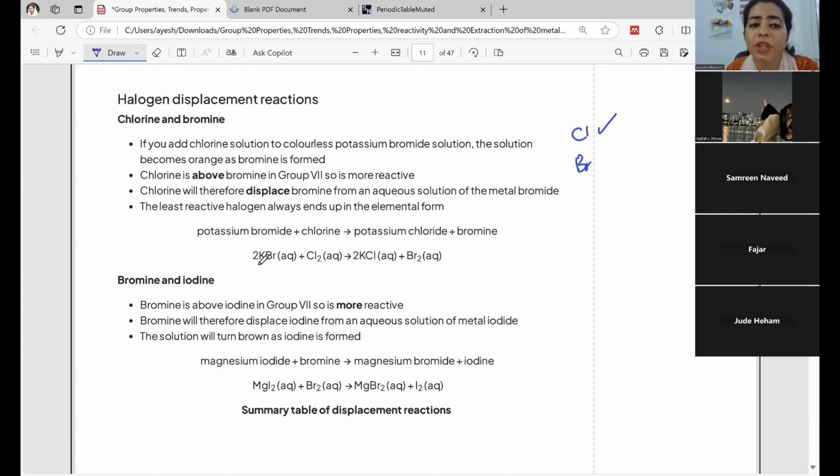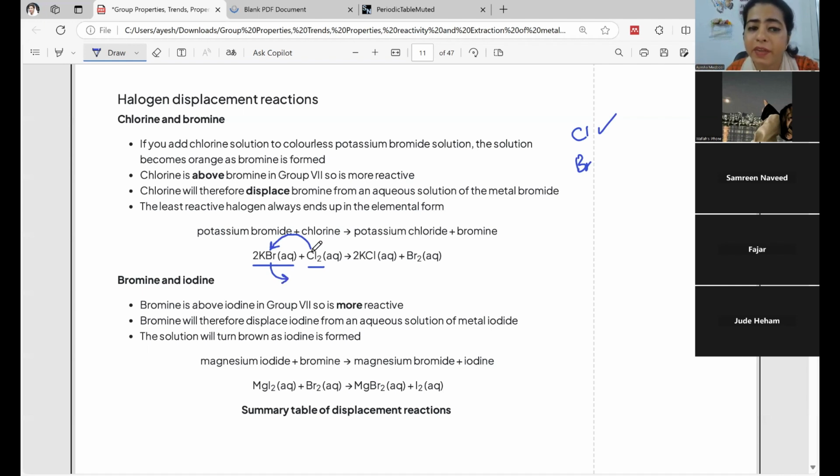We are going to take an aqueous solution containing bromine, let's say KBr, with chlorine in diatomic form. Now chlorine is stronger. It can come and remove this bromine and take its place, and the bromine will be separated from this group.